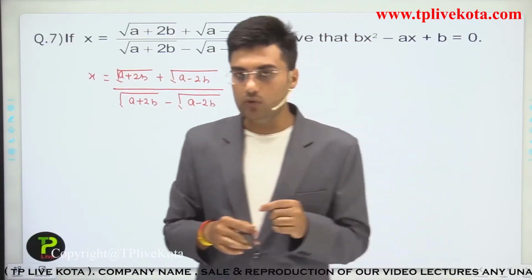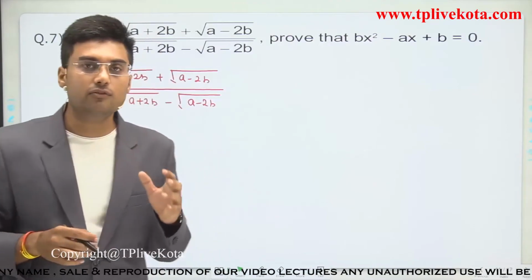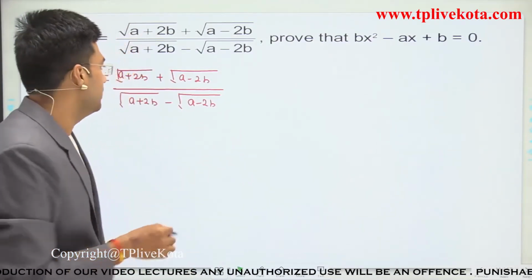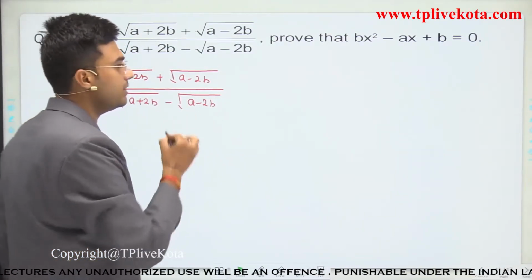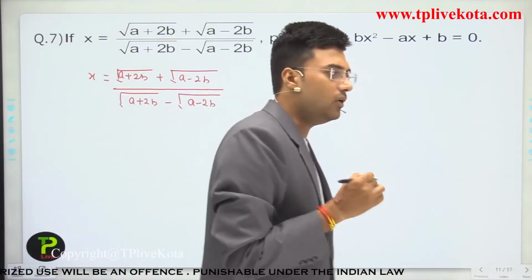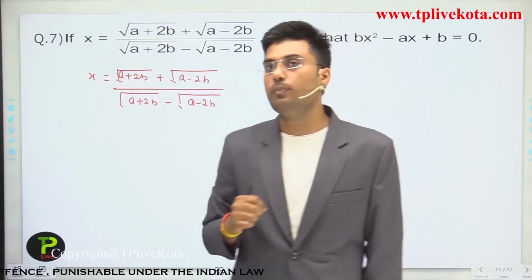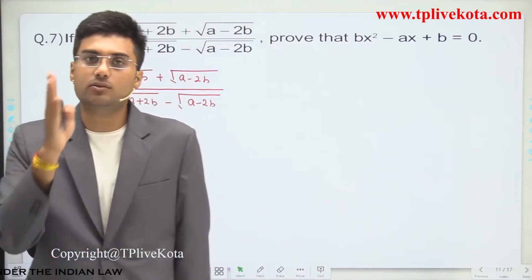Okay, so what is the rationalizing factor of a binomial surd? Because here the denominator is a binomial surd, and we know that the rationalizing factor of a binomial surd is nothing but its conjugate.